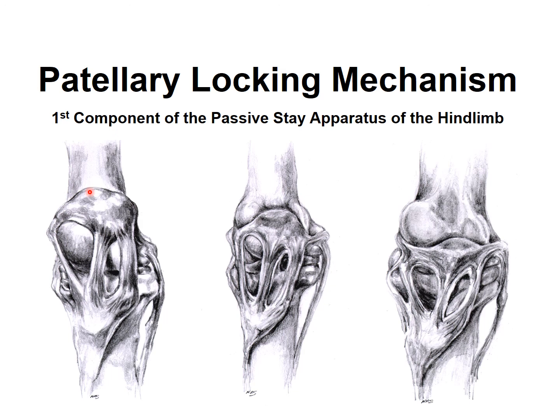The patellary locking mechanism consists of the following structures: 1, patella; 2, patellary fibrocartilage; 3, medial patellary ligament; 4, lateral patellary ligament.